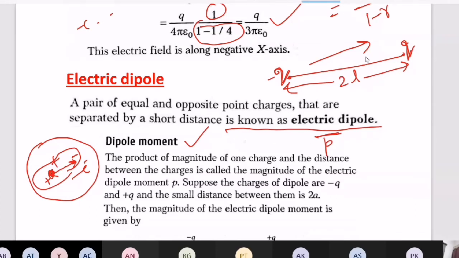Even in chemistry you will study dipole moment, I don't know whether you have studied it or will study it later. In a few atoms, the two centers of mass coincide with each other. If they coincide, the distance between them, 2L, will become 0, so their dipole moment will become 0.